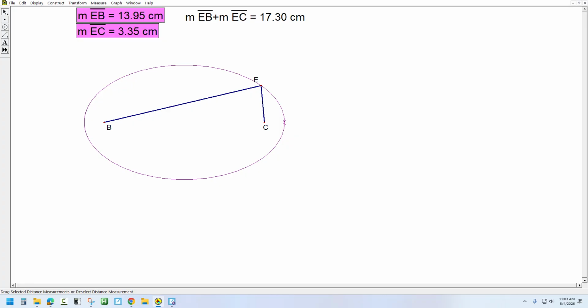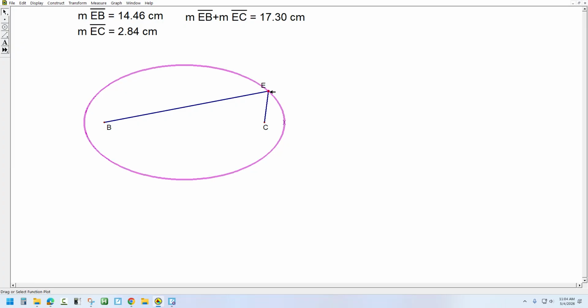That's what this one always adds up to. Okay, so I'm going to drag it and show you. So you can see I just changed it a little bit. The line segment EB got a little bit longer. EC got a little shorter, but if you add them together, they still add up to 17.3. And that'll be true no matter where I put this one.